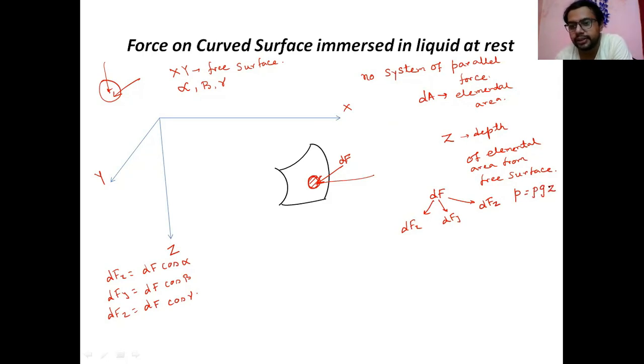That is the pressure acting over it. So dF is equal to rho g z into the elemental area.